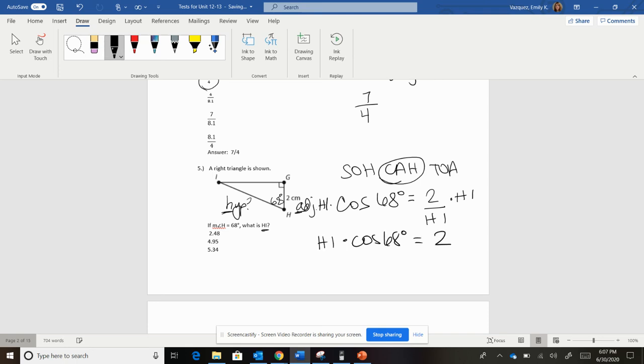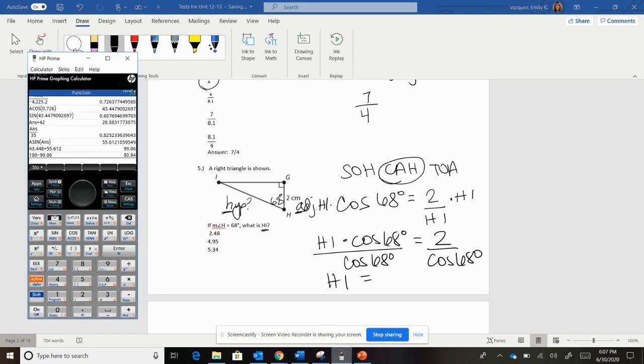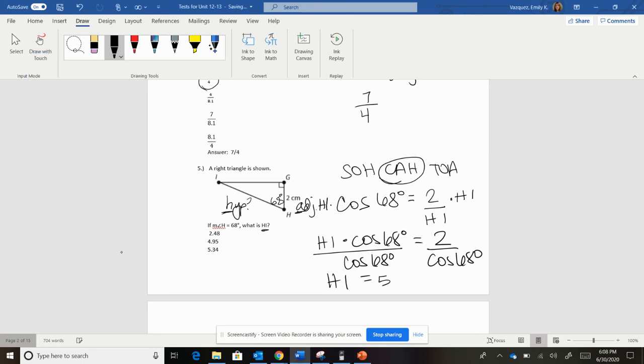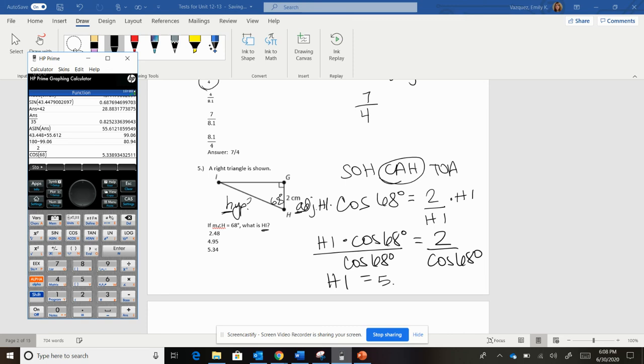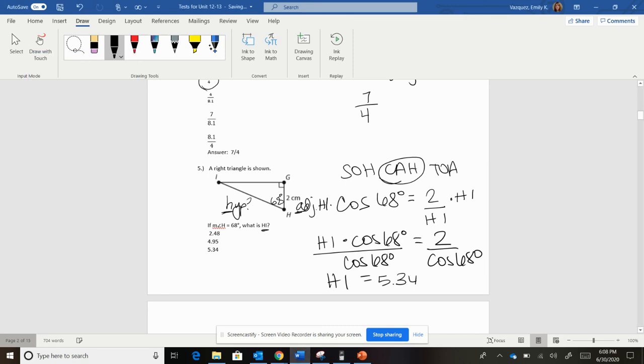And I need to get HI by itself. So now I'm going to go ahead and divide by cosine of 68 degrees. So I'm going to use my calculator, and I'm going to do 2 divided by the cosine of 68 degrees. And it looks like I'm getting 5.34, which is right here.